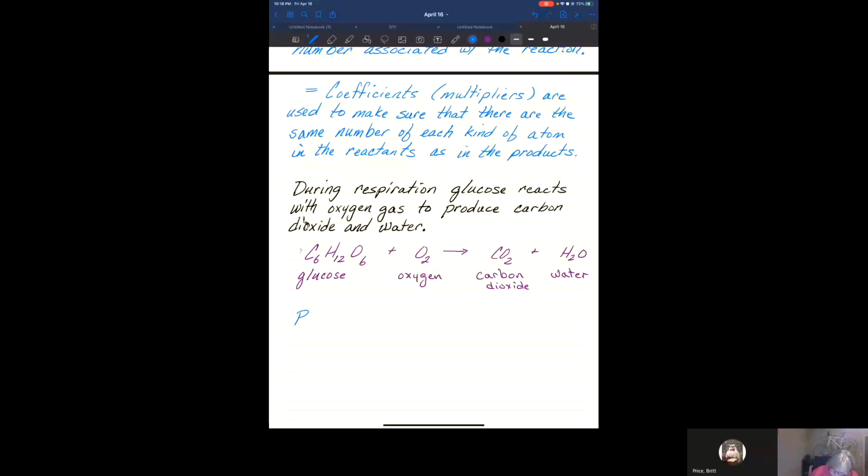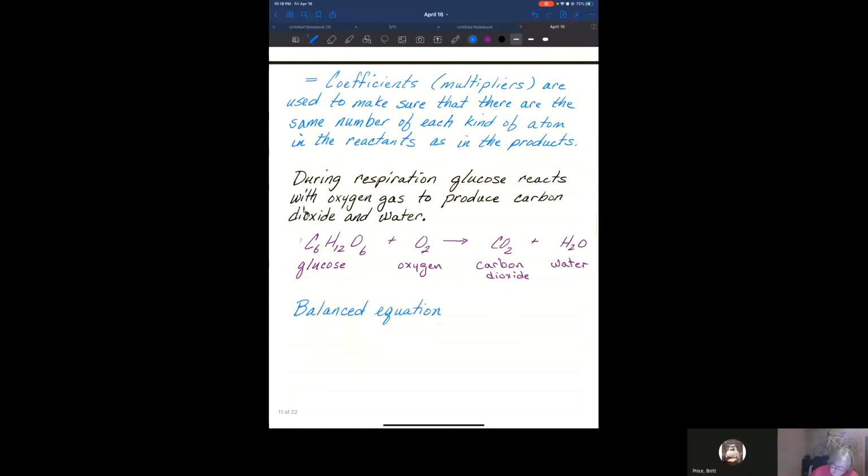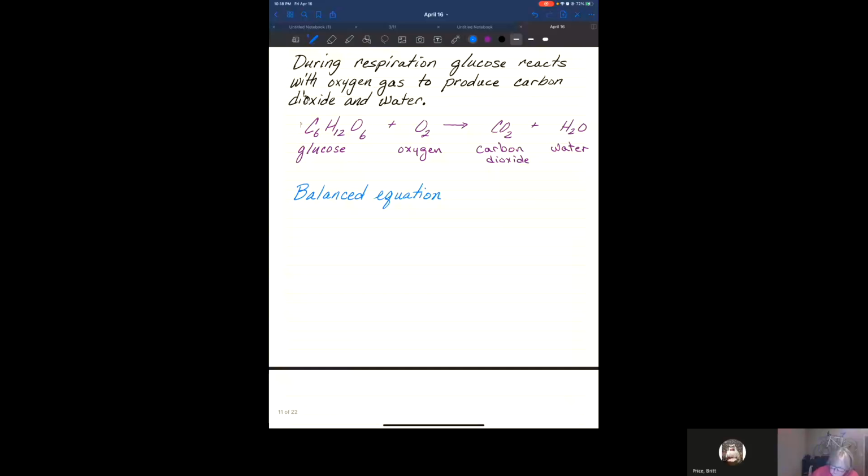Our balanced equation is going to be this. 1 C6H12O6 plus 6 O2s go to make 6 CO2s and 6 H2O.